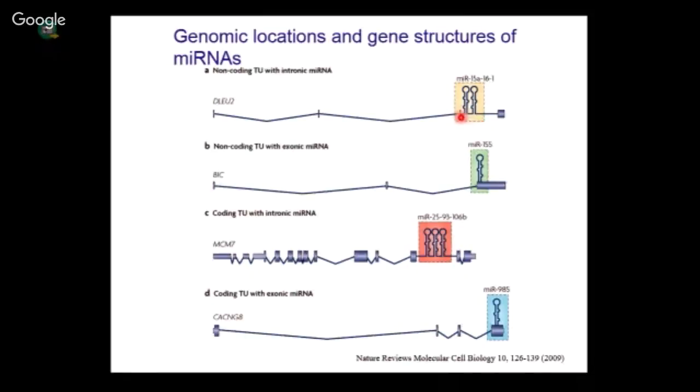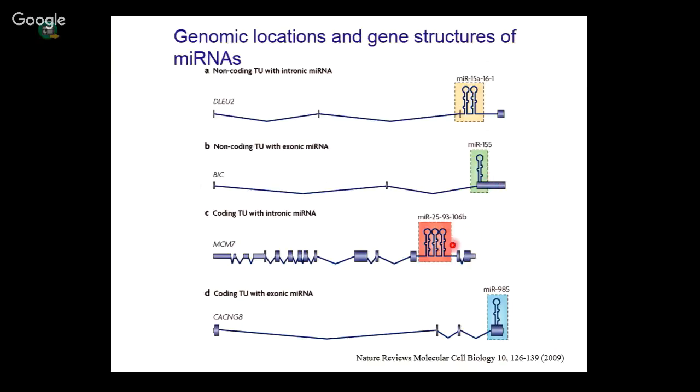Then miR-15a and 16-1 are localized in the intron of the non-coding transcription unit. But it could also be localized at the exon of a non-coding transcription unit, like here, miR-155 is in the exon region of the non-coding transcription unit.